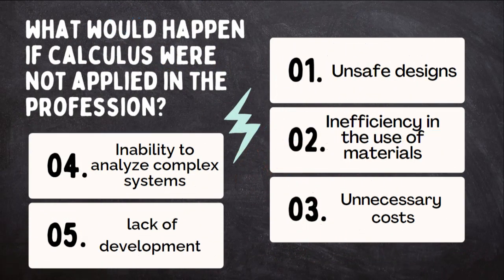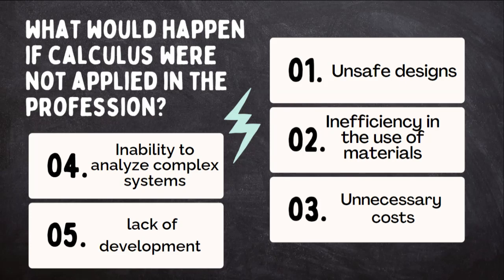What would happen if calculus were not applied in the profession? The first point is safe designs. As we can see, without the use of integral calculation, it wouldn't be possible to calculate loads, stresses, and deformations, which would lead to unsafe constructions.